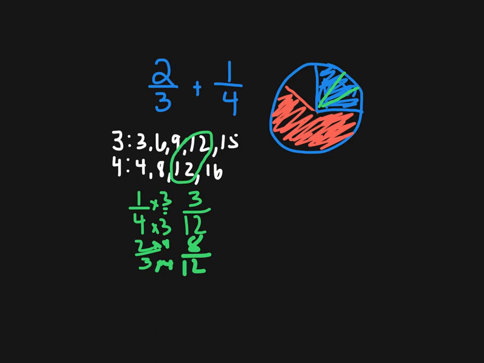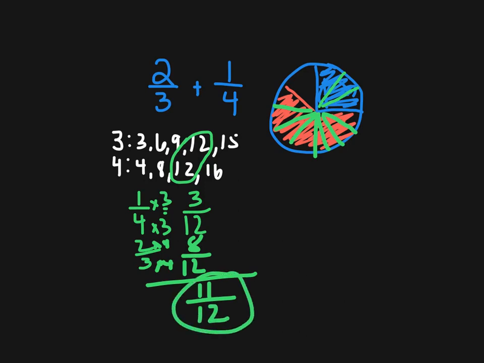So then what I can do is show that. And now when I add, I have 3/12 plus 8/12. Or if I look over here, I have 11 pieces all together, and each of those pieces happens to be 1/12. So our answer would be 11/12.